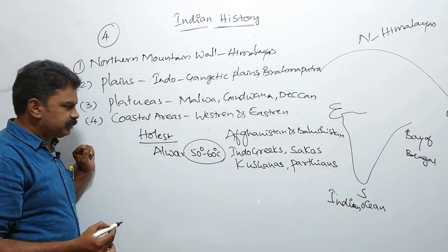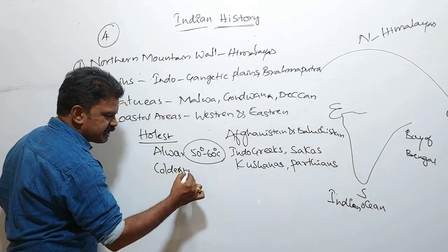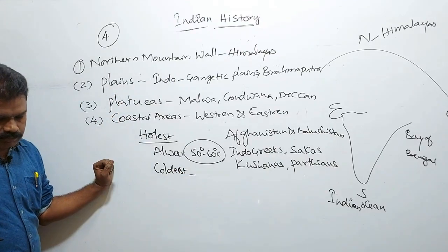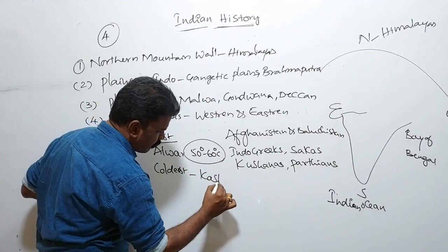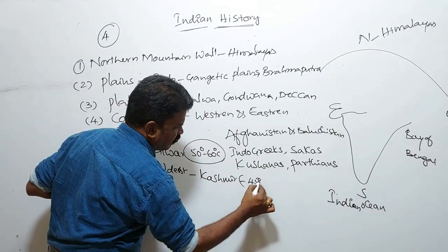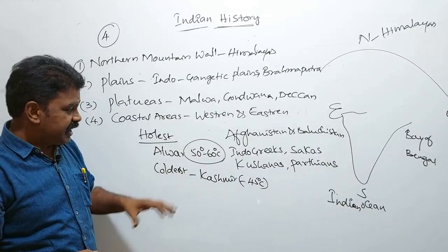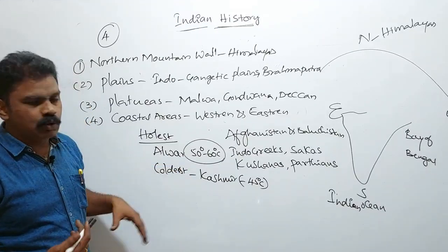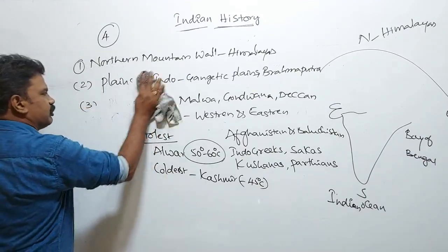And the coldest place in India is Kashmir, around minus 45 degrees C. Hottest areas and coldest areas can both be found in the Indian subcontinent.